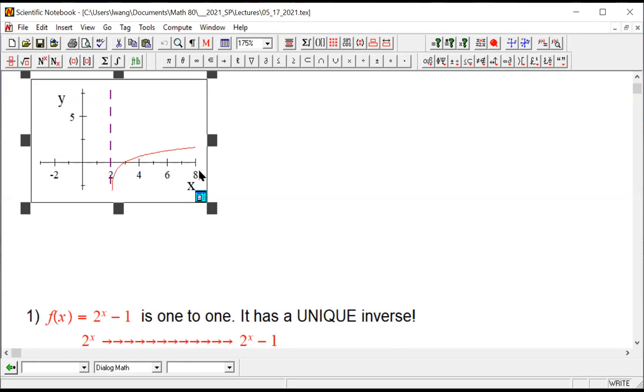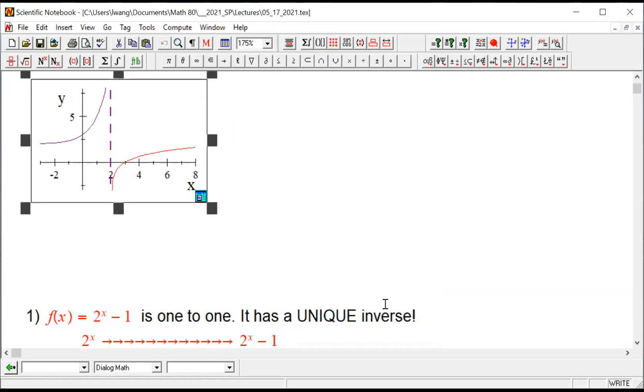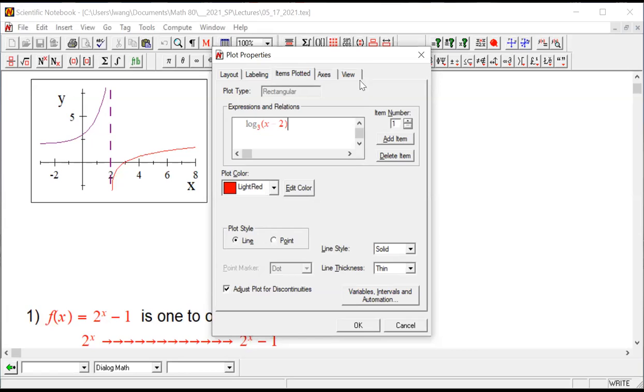That's the red. And my purple, where's my purple? 3 to the power x plus 2. Okay, that's my purple. I'm going to make some adjustment to the scale.